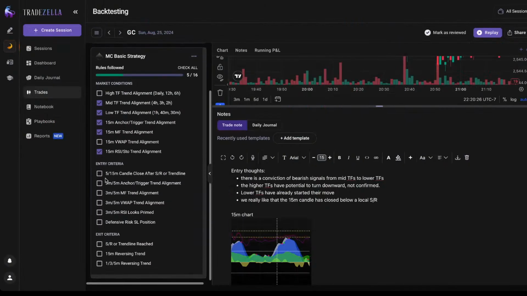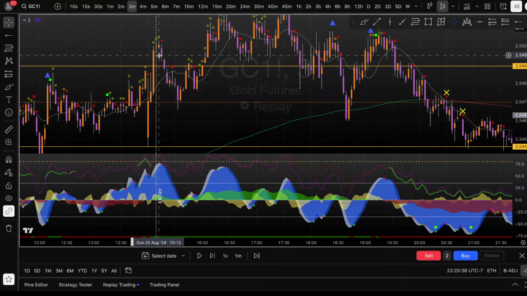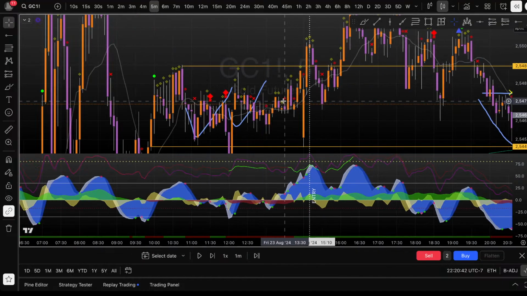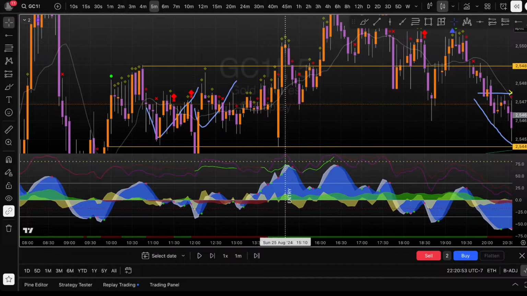We just have to. I'm gonna say we didn't like the anchor trigger stuff, but we did like, did we get some candle close action? Yeah, we did have the candle close action. We kind of like the RSIs. And we had some defense.